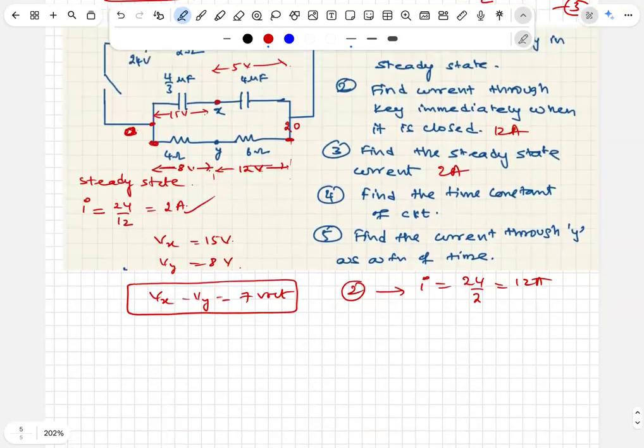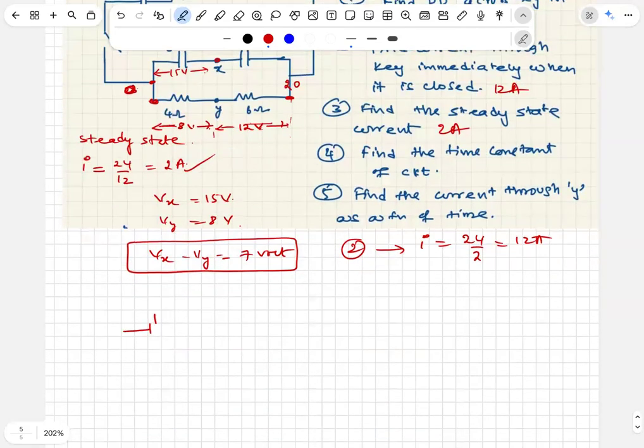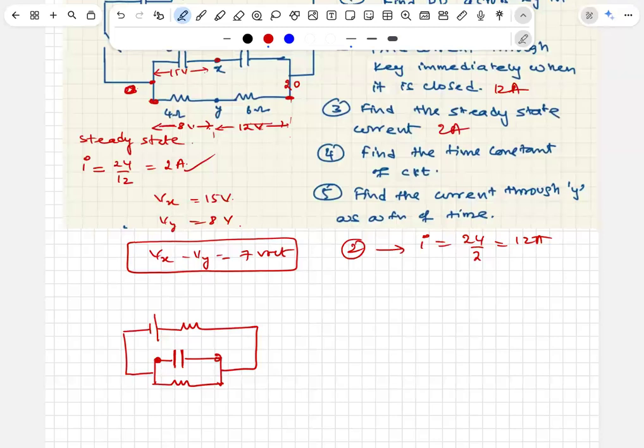Find the time constant of the circuit. For the time constant, you should redraw the circuit properly: one single capacitor, one single resistor. Across these 2 points, what is the effective resistance?